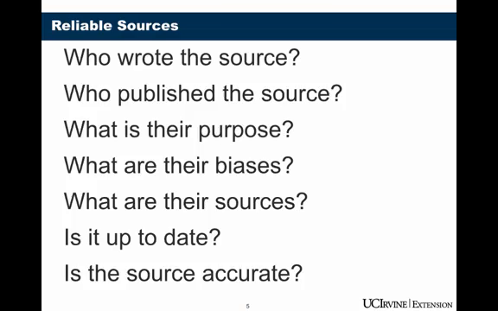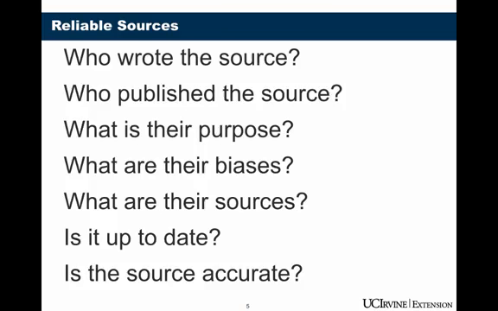To find reliable sources, you need to check a few things. When you're looking at a source, especially on the internet, ask yourself, who wrote this source? Also ask who published the source. What is their purpose? For the person who wrote the source and also for who published it, you'll want to know their purpose and if they are biased in any way.